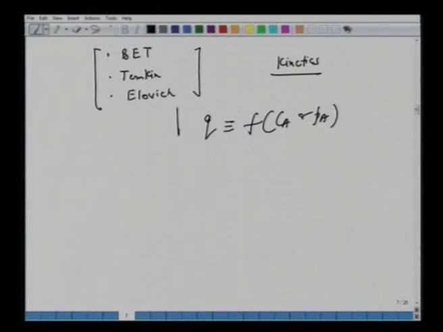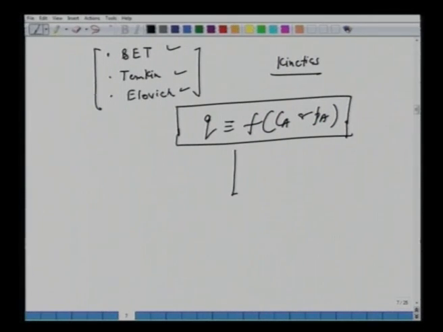That's the idea of thermodynamics. Langmuir, Freundlich, Sips, BET, Temkin, Elovich. Ultimately, we would like to know that given so much concentration in liquid phase or gas phase, how much is the loading? What does the thermodynamics say there? What Q will we get in equilibrium? Once we have this, then we can do all our calculations.